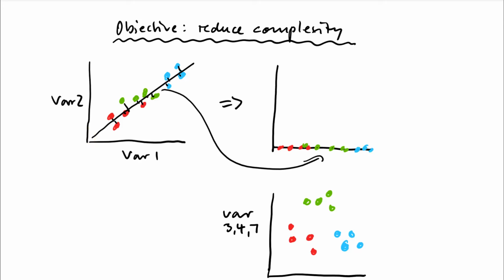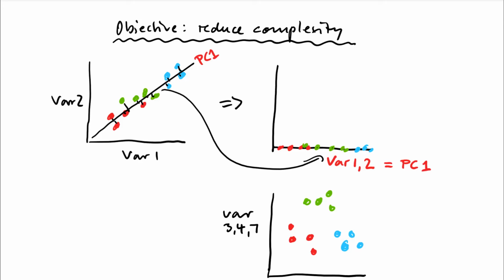And that new axis here, I'm calling this variable 1 and 2. So it's a combination, and I could also call this my principal component 1. So this axis here, PC1, so it's a kind of combination axis, becomes a new linear combination of my original variables, representing variables 1 and 2, which were nicely correlated.